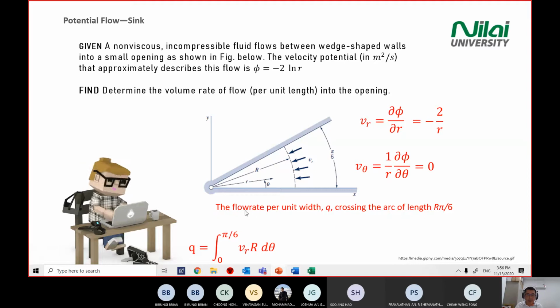You want to calculate the flow rate along the width of this arc, so you integrate v_r times r d theta, from 0 to pi divided by 6 radian.